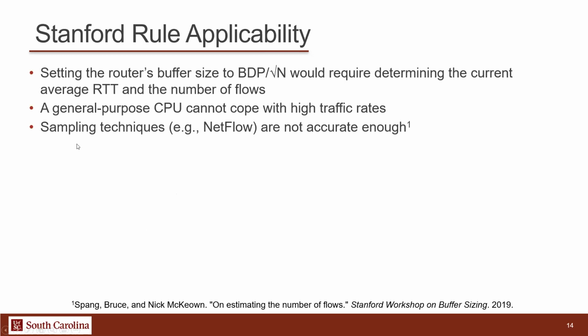And if we decide to go for sampling techniques such as NetFlow, we'll end up having not enough accurate results. And there's this paper that basically showed the error of estimating the number of flows in a CAIDA data set by using the sampling technique. And we can see that the error is significantly large, that you cannot rely on it to use it as part of this formula to set your buffer size.